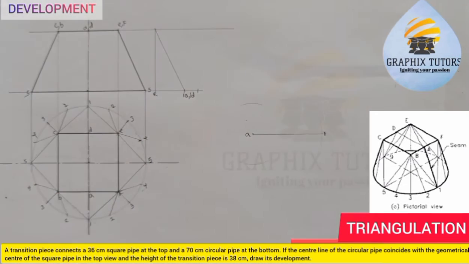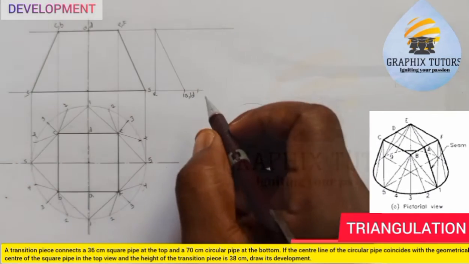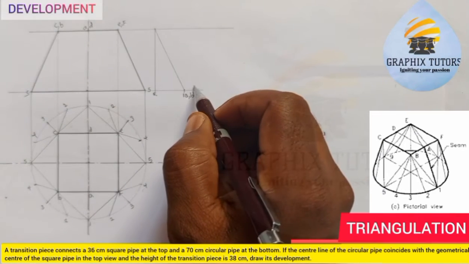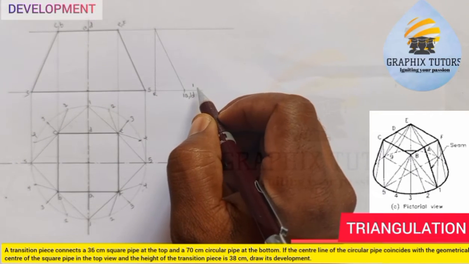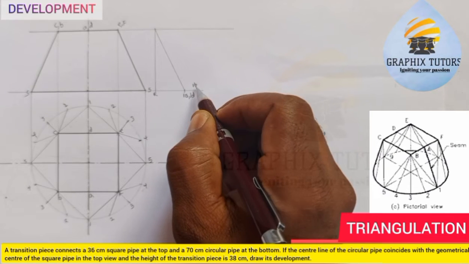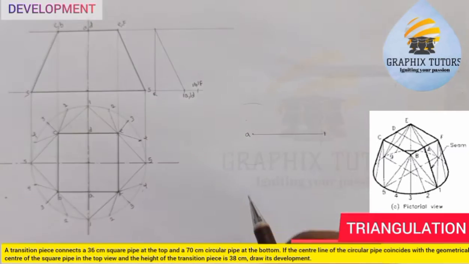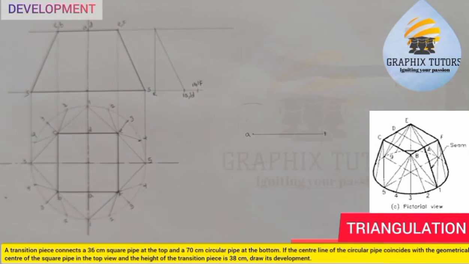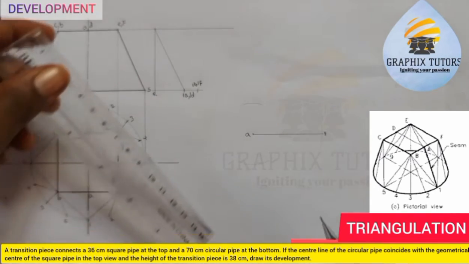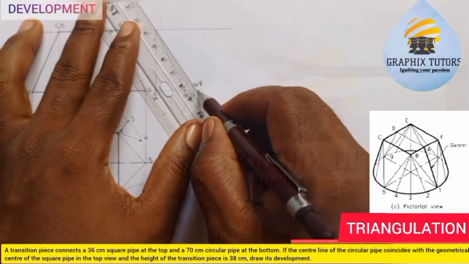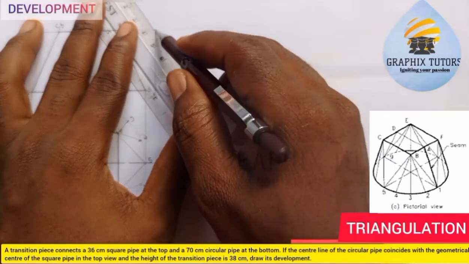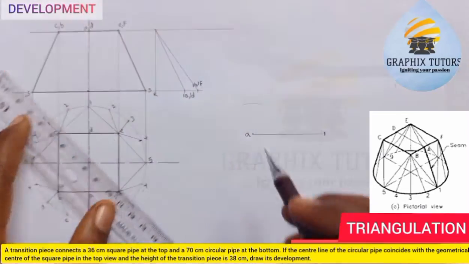Can you see? That point I mark here is either my 1B or my 1F. Is that okay? Either 1B or 1F. I'll draw a line from that point to touch here. That is the true length.